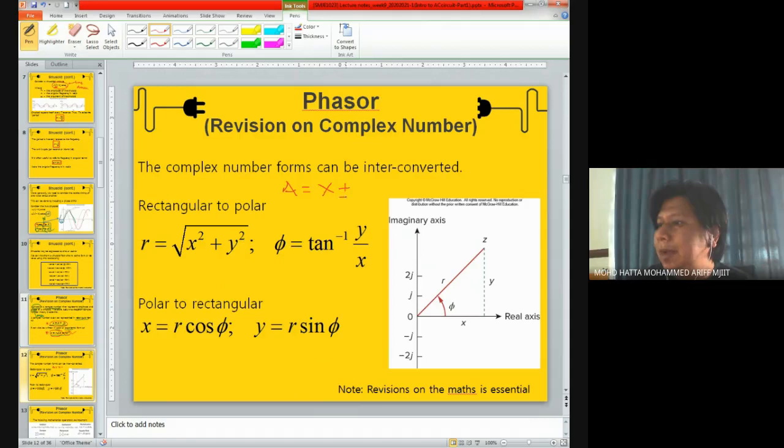X plus minus something J Y. Okay, maybe this is something new. What does it mean by this J?